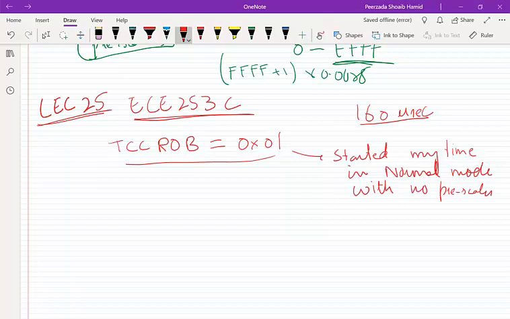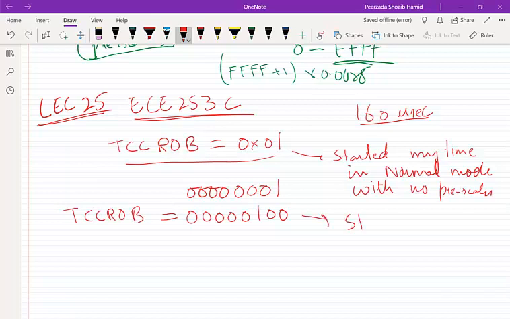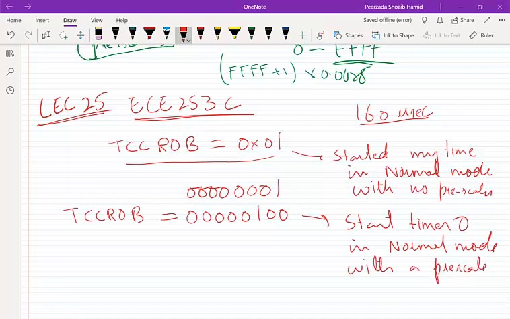For example, instead of 01, that is 00000001 in binary, if I put 00000100 in TCCR0B, in this case my timer 0 will start in normal mode, but with a prescaler, and that prescaler in this particular configuration will be 256.